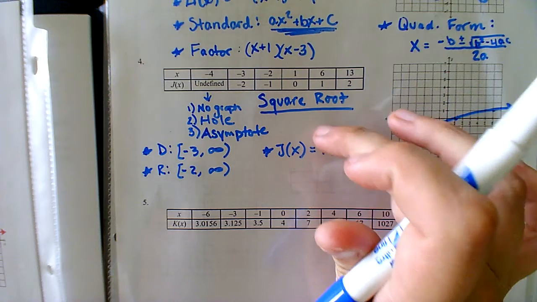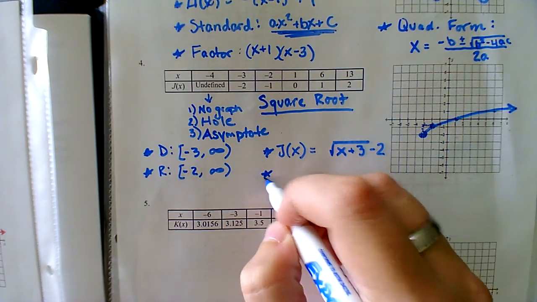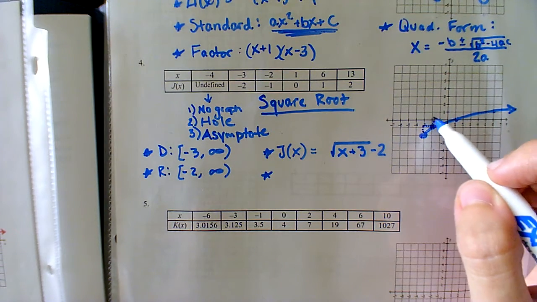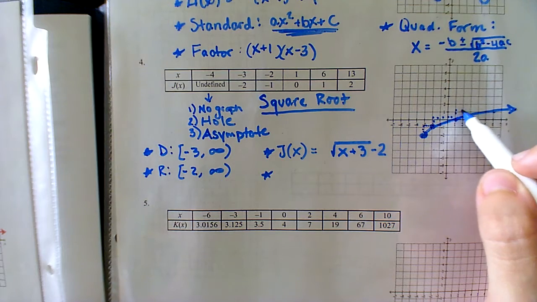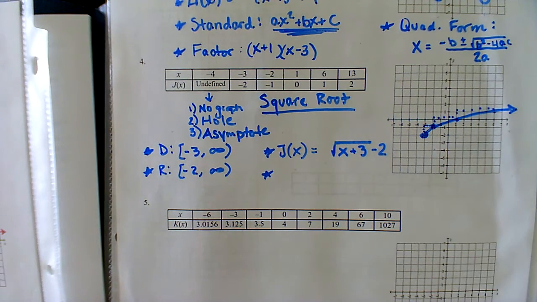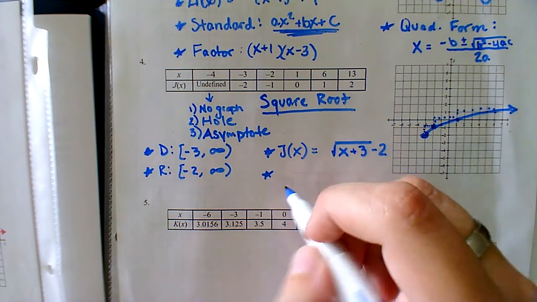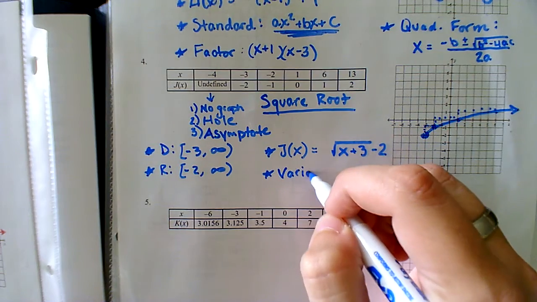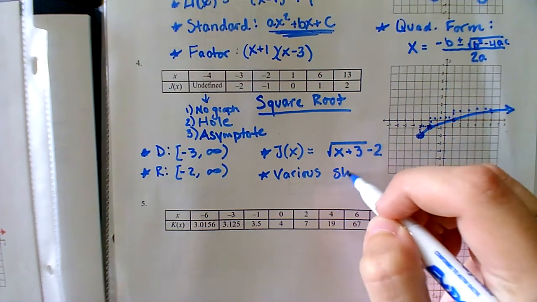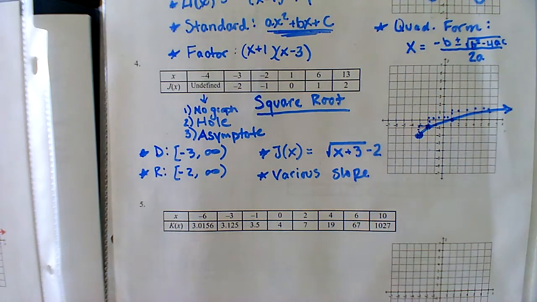Speaking of slopes, if we were to do rise over run between all of our points, are they all the same? No, right? We have that various slope idea again. And since they're various slopes, that's what's causing the curvature. We don't have a straight line. They're not all constant. We have that curve.